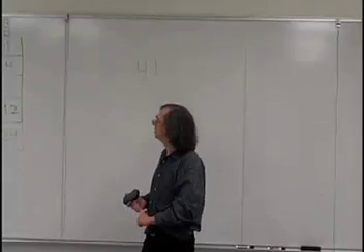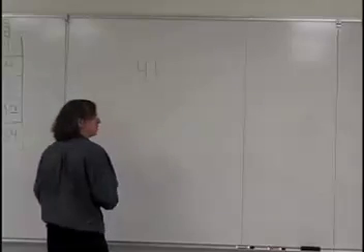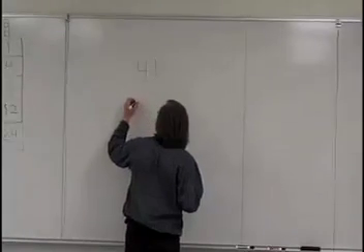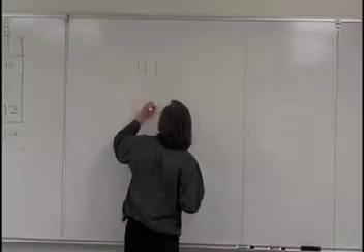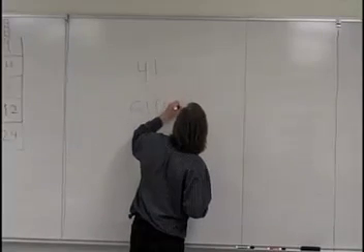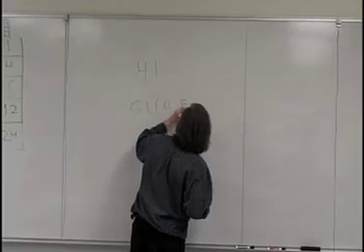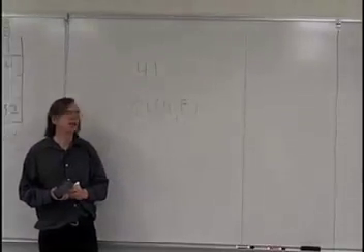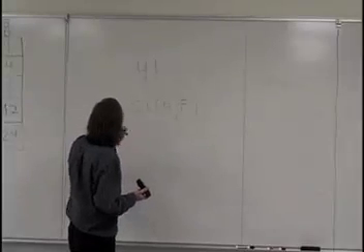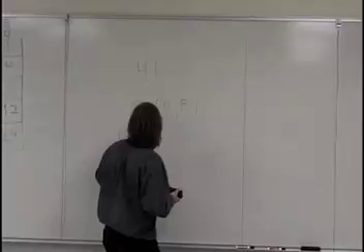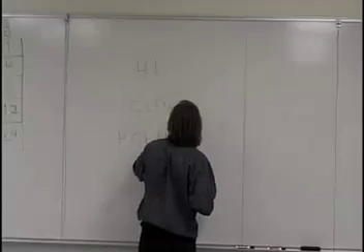And the reason is that there are other groups that they apply to. They apply to groups like GL4F for lots of different fields, or perhaps I could also say PGL4F.